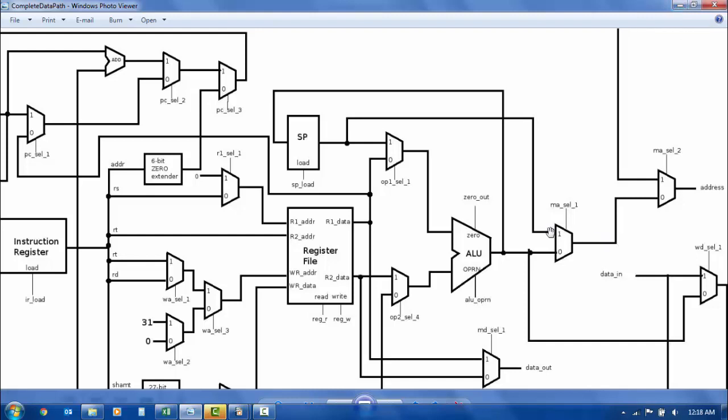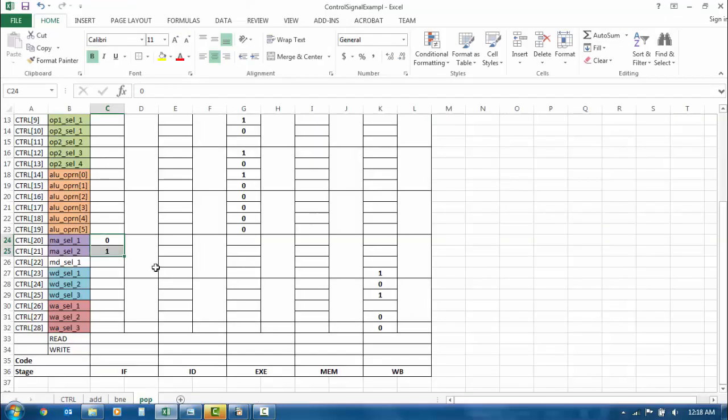So MS selection 1 during the mem should be 1, and this guy should be 0. This is a must here.